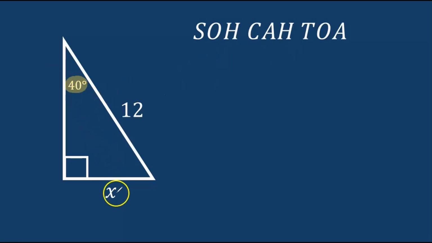We have a missing value across or opposite from the degrees. And of course, we're being given, again, the hypotenuse. That means we have an opposite and a hypotenuse, and therefore we need to use sine.